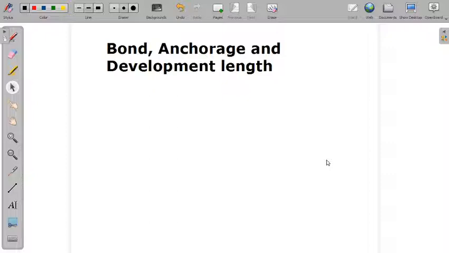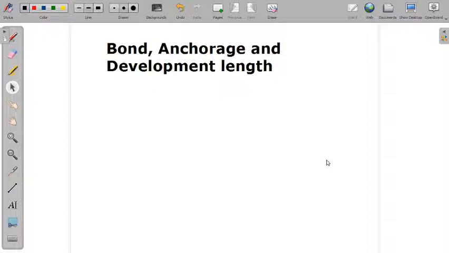the reinforcements. Okay, so basically the bond between steel and concrete is nothing but the creation of bonding or creation of adhesive characteristics between the steel and concrete, so that they can act together without any slip.